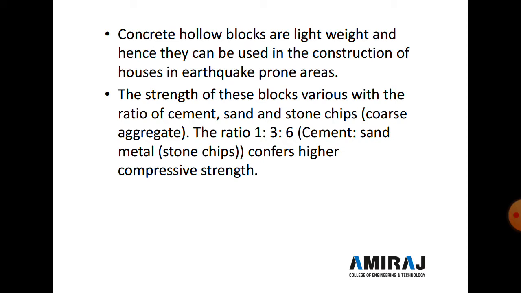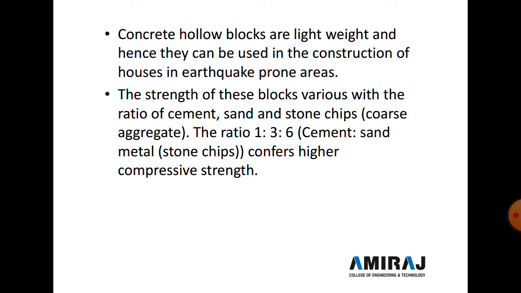And hollow concrete blocks are used as a substitute for the conventional brick or stone used in building construction. They are lighter in weight than brick, and hence the blocks are easier to place, and it also reduces the consumption of cement. The strength of this block varies with the proportions of the cement, sand, and stone chips.